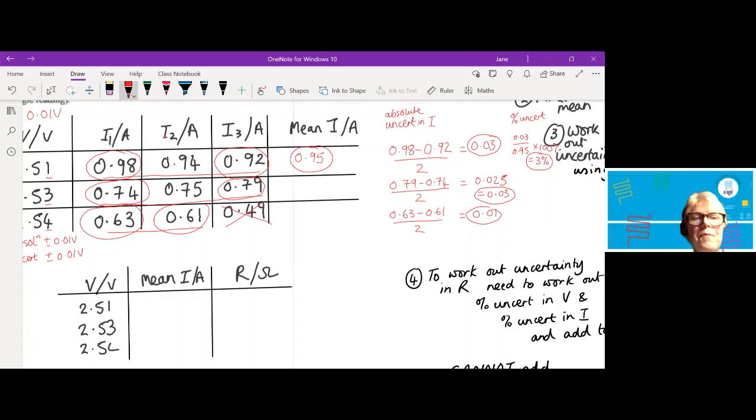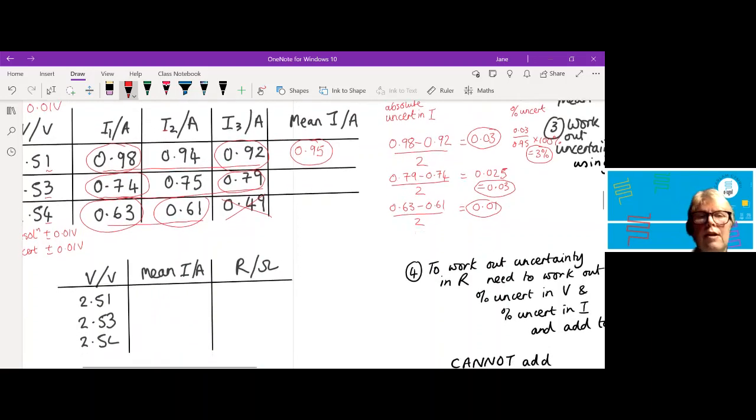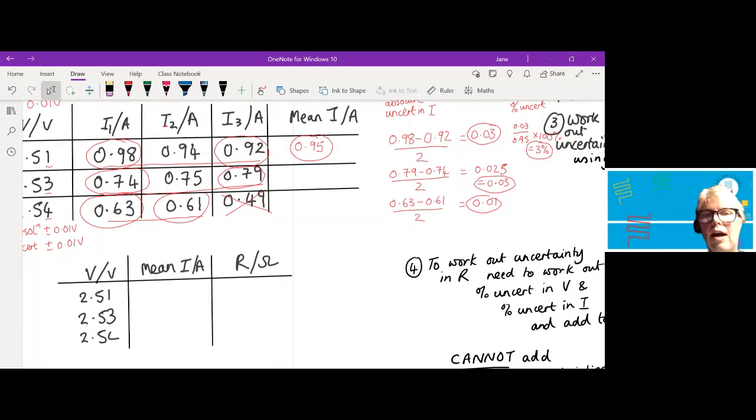Okay, so now I've got to work out my resistance. I've got my mean I, 0.95 here. To work out my percentage uncertainty in R, because R equals the voltage divided by the current, let's do that now.